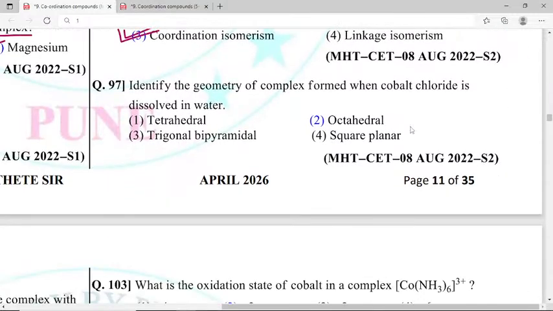Identify the geometry of the complex formed when cobalt chloride is dissolved in water.